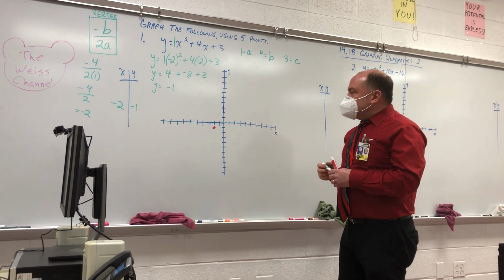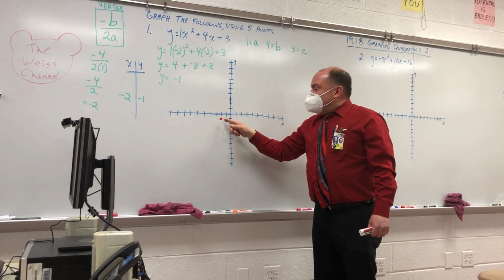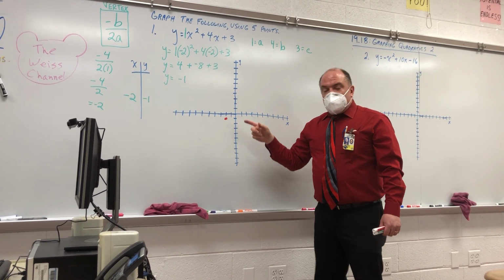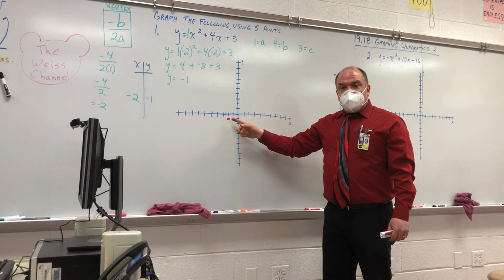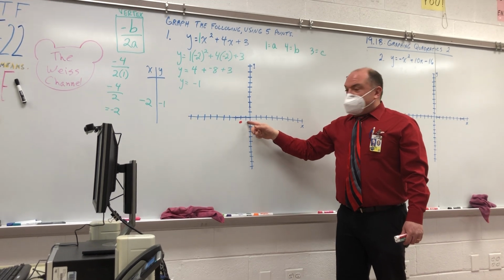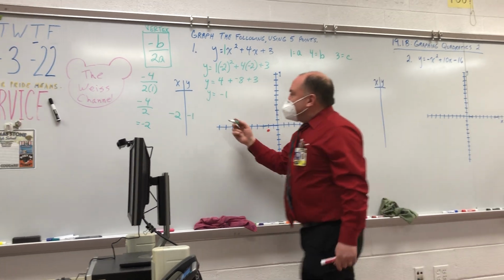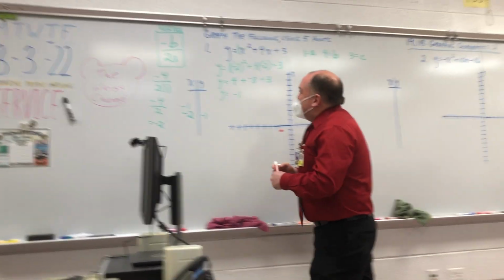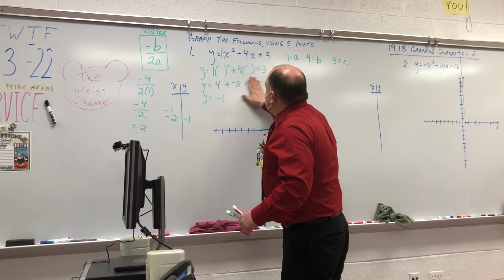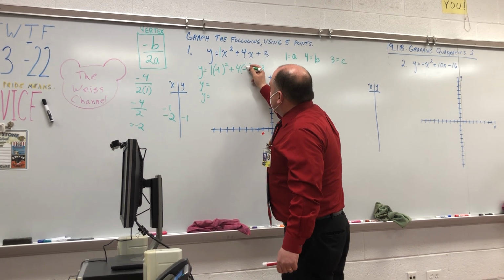Okay, now, remember yesterday I told you if you start here, the next point you're going to plot is just going to be 1 to the right. So what is 1 to the right? Negative 1. So here's negative 1. Now I'm going to put negative 1 in for x.